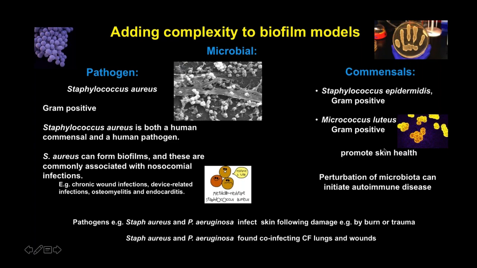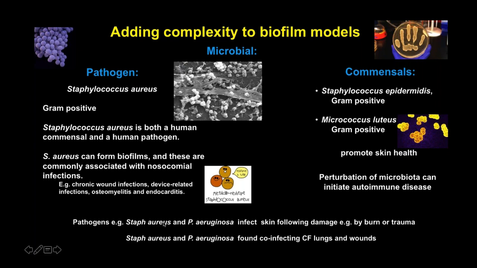And we've paired those up with pathogens, including the Pseudomonas that I've talked about before, and also Staphylococcus aureus, which is another gram-positive. It's both a human commensal and also a human pathogen, and it can form biofilms, and is a particular problem in hospital infections, and especially ones associated with indwelling devices.